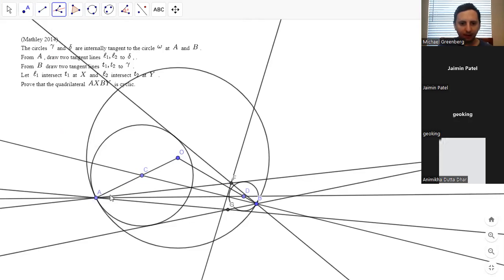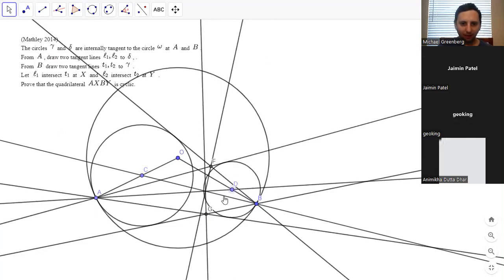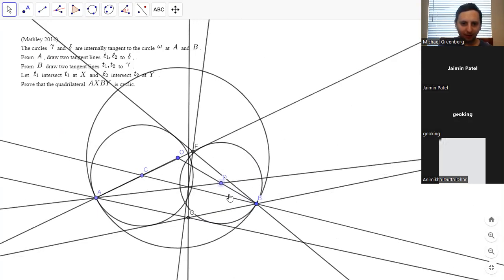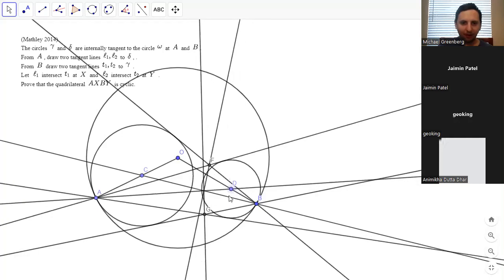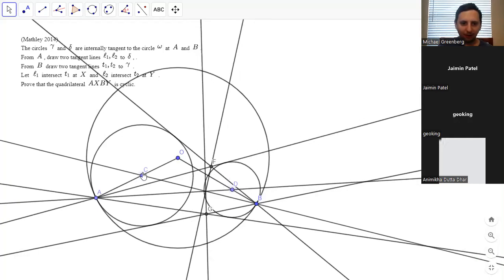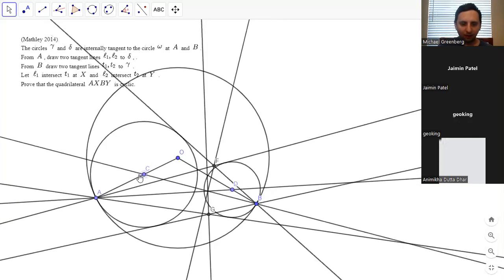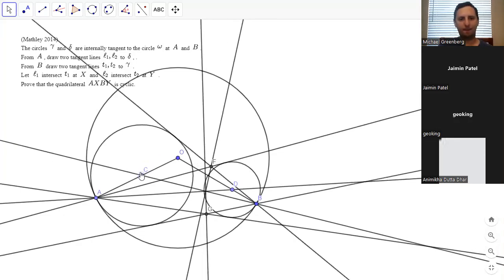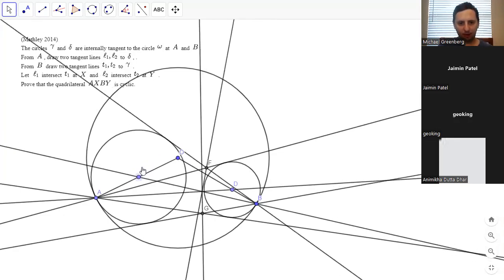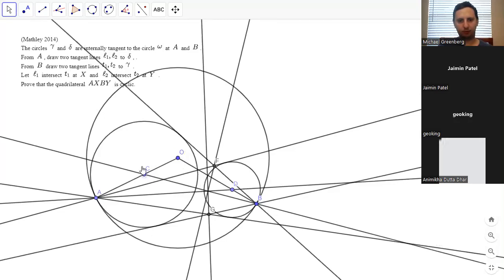Yeah, I think that's actually what they might have meant. Not that it's cyclic, but that it's a circumscribed quadrilateral. Yes, that's what it looks like. Okay. So I think that's the problem. So that's what I'm going to change it to.